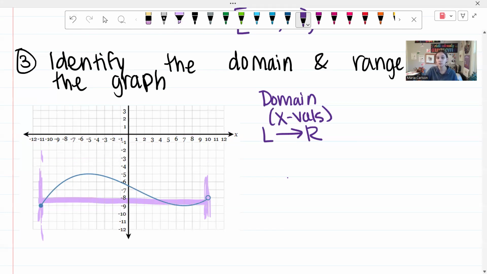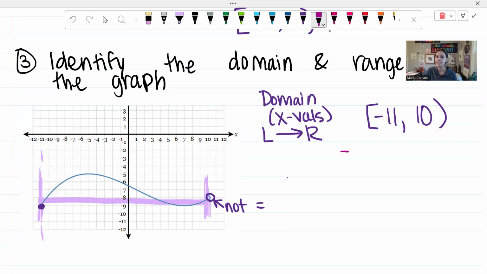So I'm going to write our domain as these x values. They begin at -11, and it is equal to -11 because I have a closed-in circle. And then it runs all the way to 10, but it is not equal to 10, so I'm going to put the parentheses around that. I also could write this domain as an inequality.